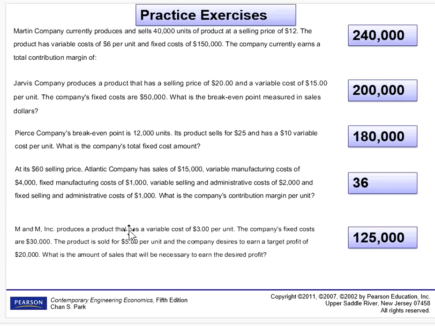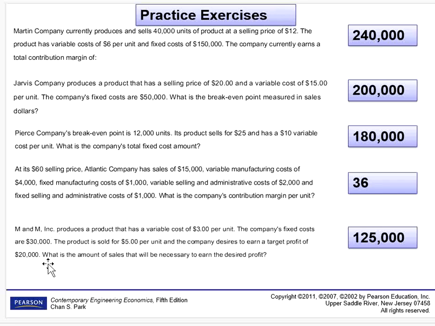Now next question. M&M produces a product that has a variable cost of 3 per unit, so V is given. The company's fixed cost F is there. The product is sold for 5 per unit, which is P, and the company desired to earn a target profit of 20,000.